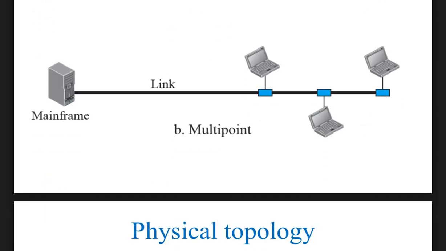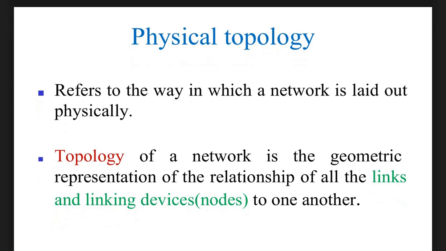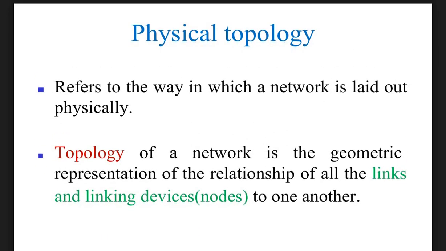Now we come to the beautiful concept, topology. Topology is a very important concept in networking, and questions on the types of topology are asked many times, so understand carefully. What is physical topology?